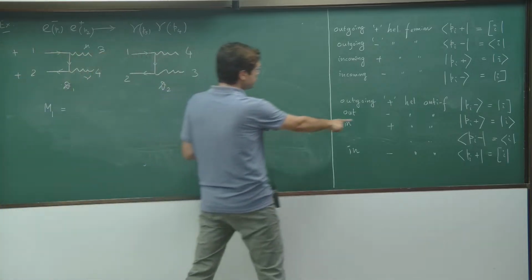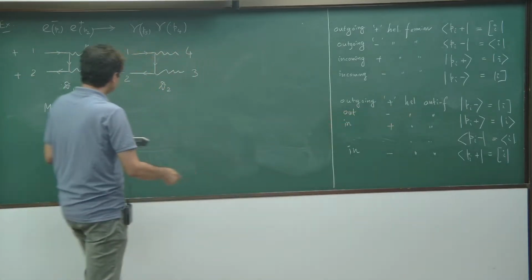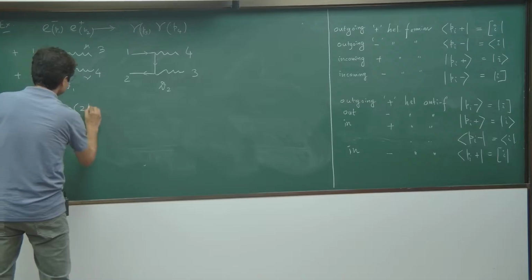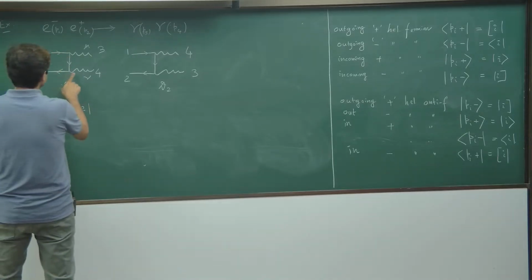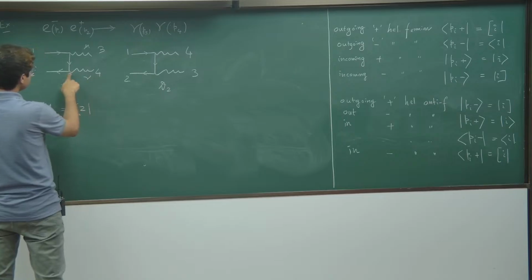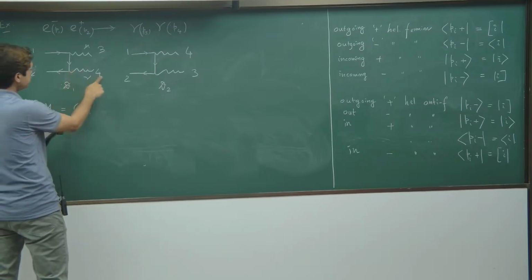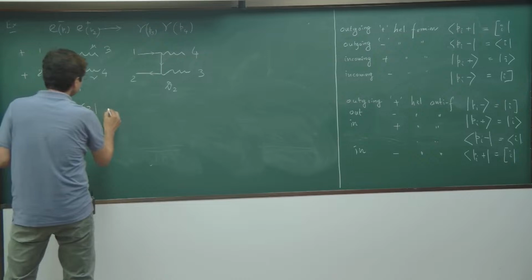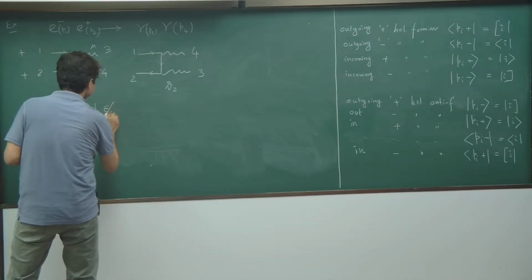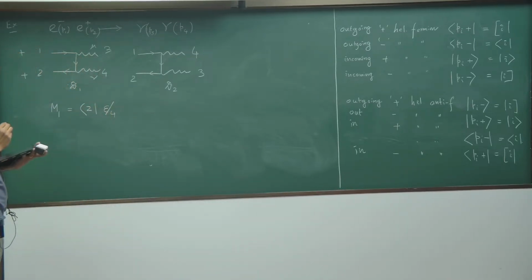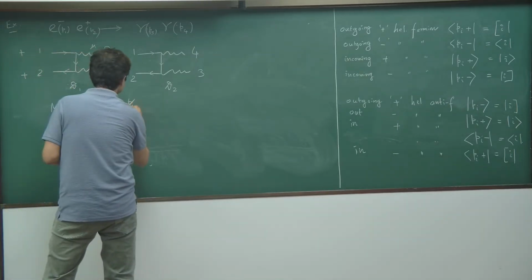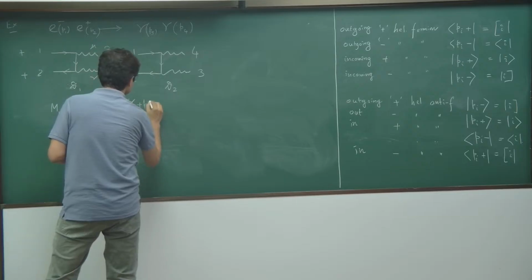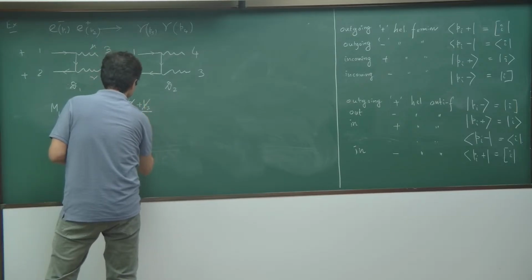P2 is an antifermion with plus helicity incoming. So an incoming plus helicity antifermion is angle, right? So I will write it 2. Now there is a gamma mu here, and there is an epsilon mu here, so I can write it as epsilon 4 slash. Now this propagator is P1 slash plus P3 slash divided by S13.